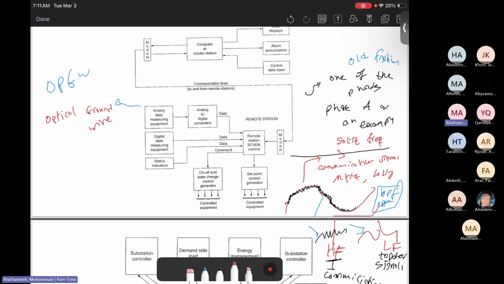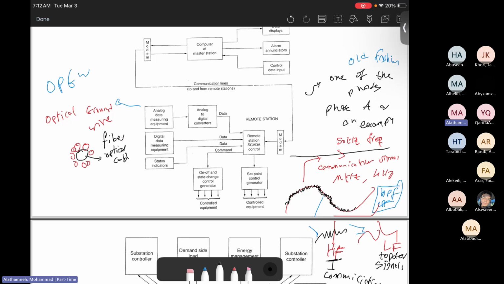The ground wire has strands, and inside it we can put another transmission line like an optical cable, fiber optic cable.